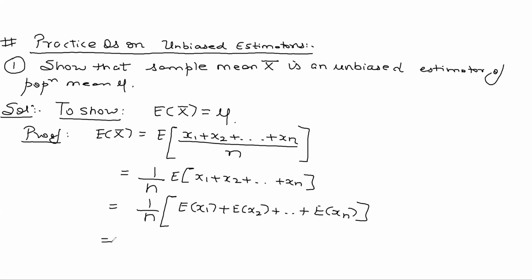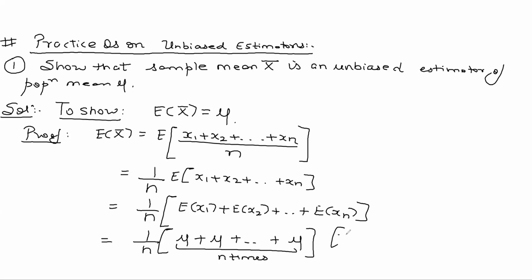And all the xi's are independent and identically distributed. They are IIDs. So I can write expected value of x1 is also mu, expected value of x2 is also mu, and this is also mu, n times. Why is this? Because the xi's are independent and identically distributed.